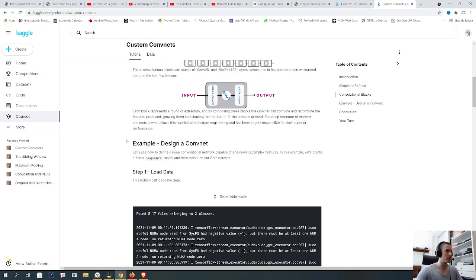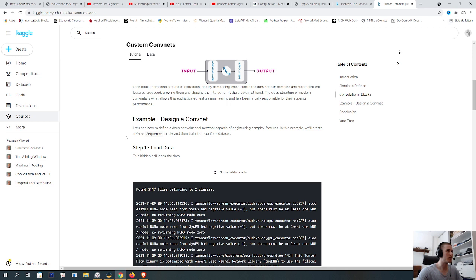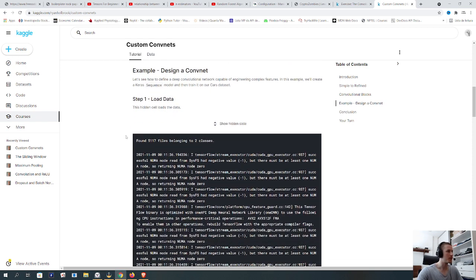So I have the convolution, the ReLU, and the pooling. Each block represents a round of extraction, and by composing these blocks, the convnets can combine and recombine the features produced, growing them and shaping them to better fit the problem at hand. The deep structure of modern convnets is what allows this sophisticated feature engineering and has been largely responsible for their superior performance.